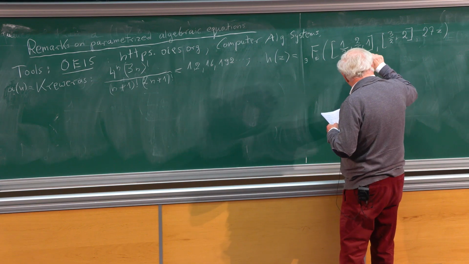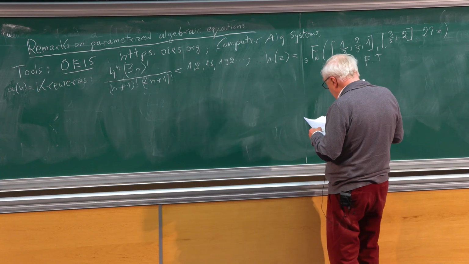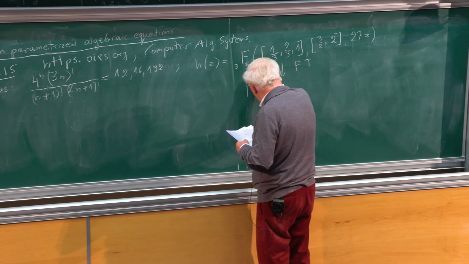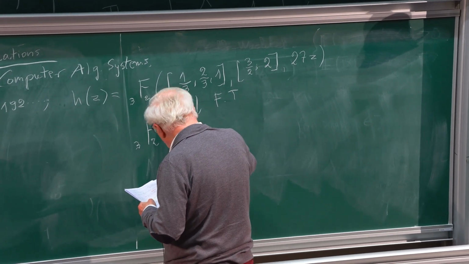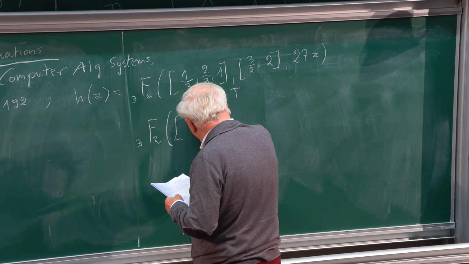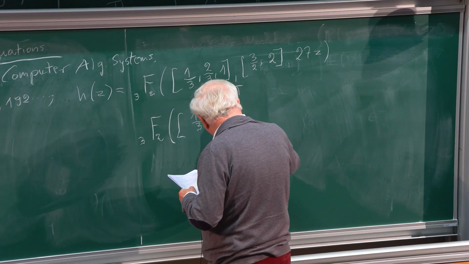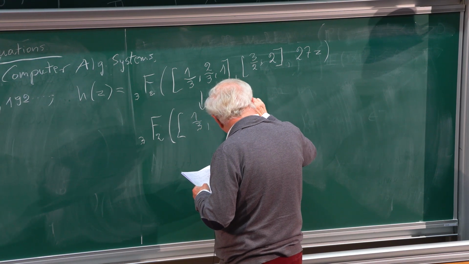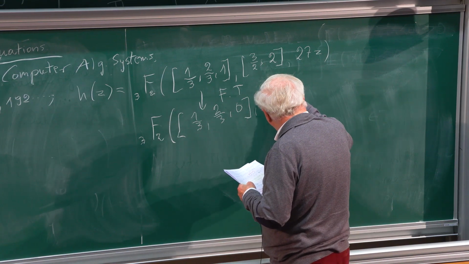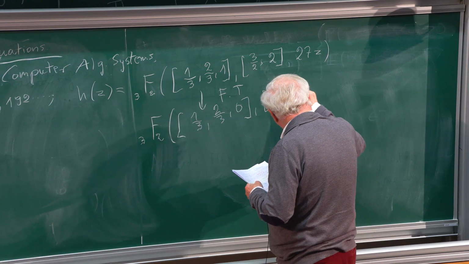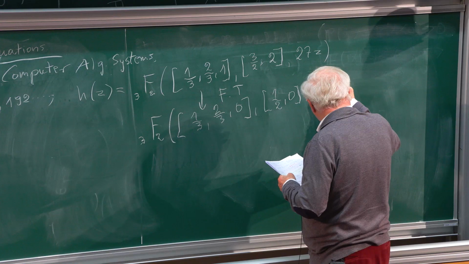If we take fractional part of coefficients here, we get 3F2 with 1/3, 2/3, 0, and 1/2, 0, 27z.